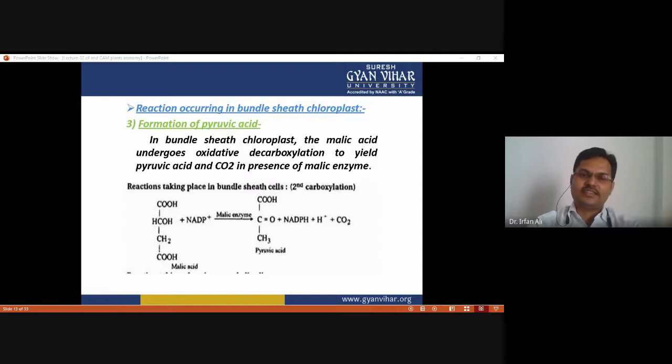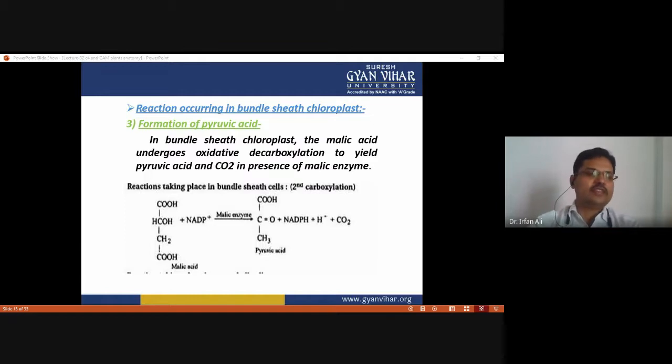So in the bundle sheath chloroplast, malic acid undergoes oxidative decarboxylation to yield pyruvic acid and carbon dioxide in the presence of malic enzyme.